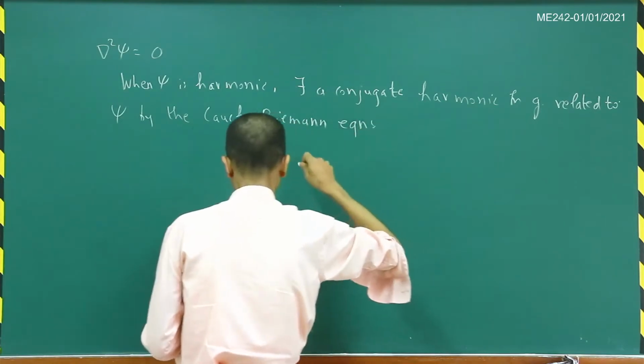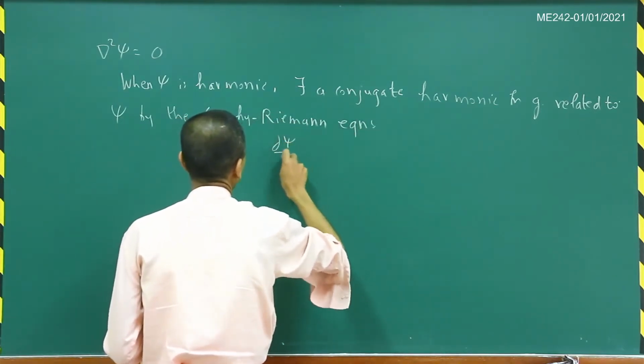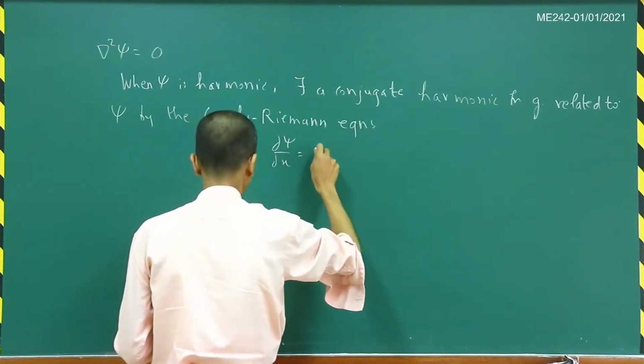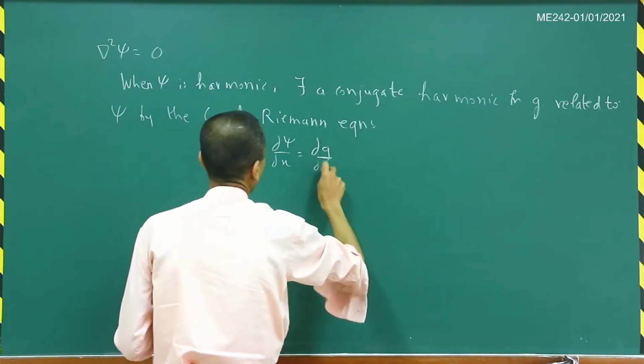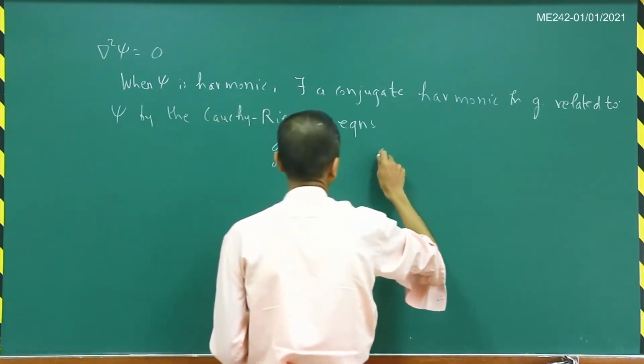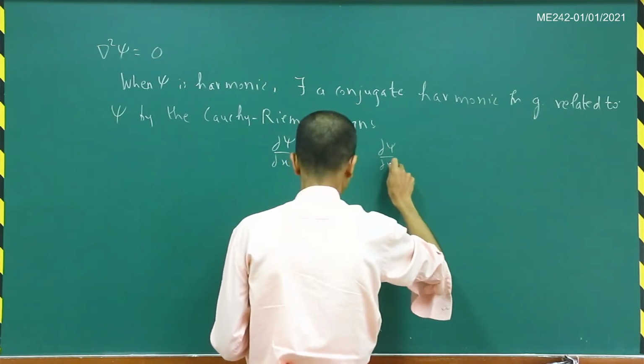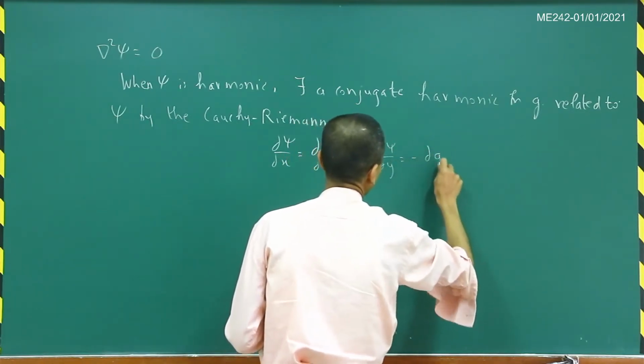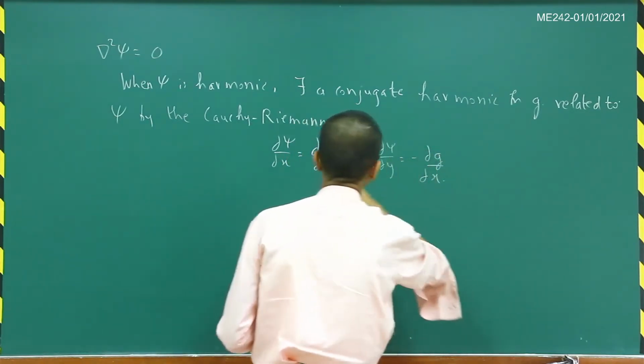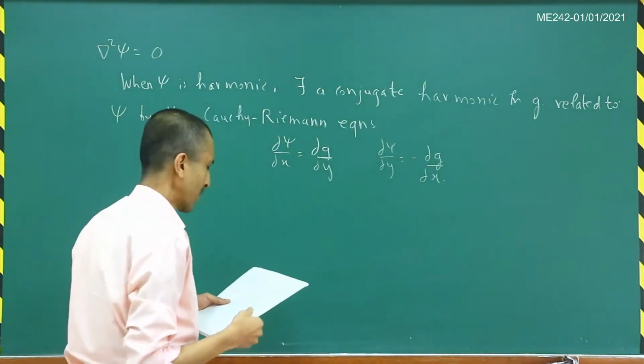So del xi by del x is equal to del g by del y, and del xi by del y is equal to minus del g by del x. So these are what are known as the Cauchy-Riemann equations.